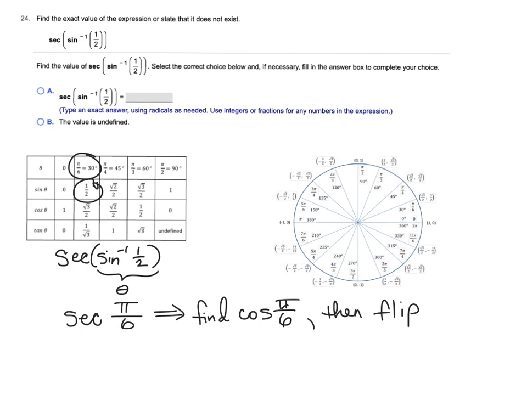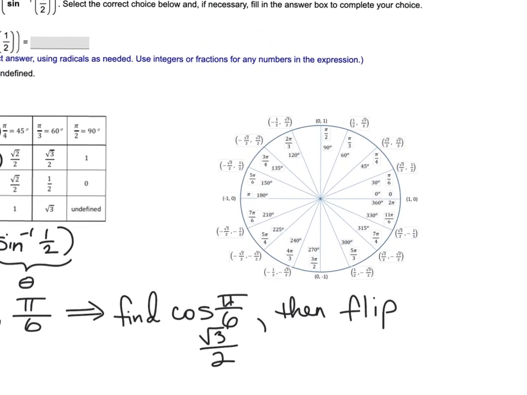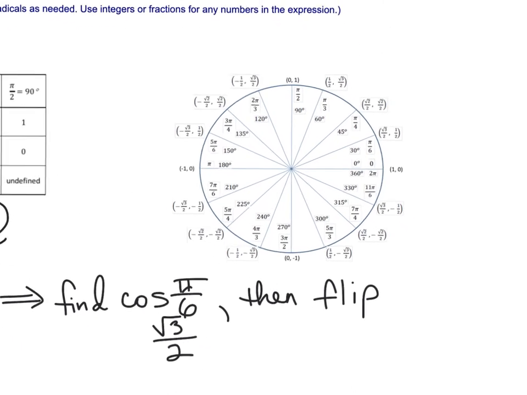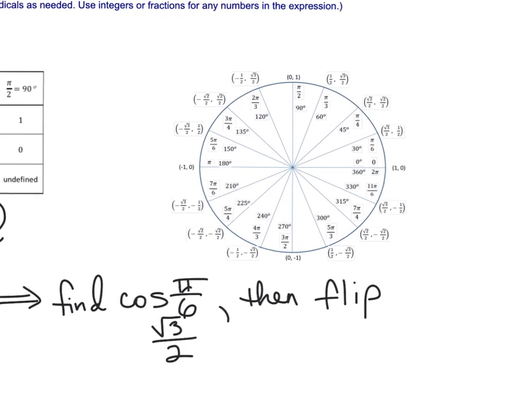If I look at my reference guide, the cosine of pi over 6 is right here, square root of 3 over 2. By the way, if you look on this, at pi over 6, remember, cosine is the first value, which is square root of 3 over 2.